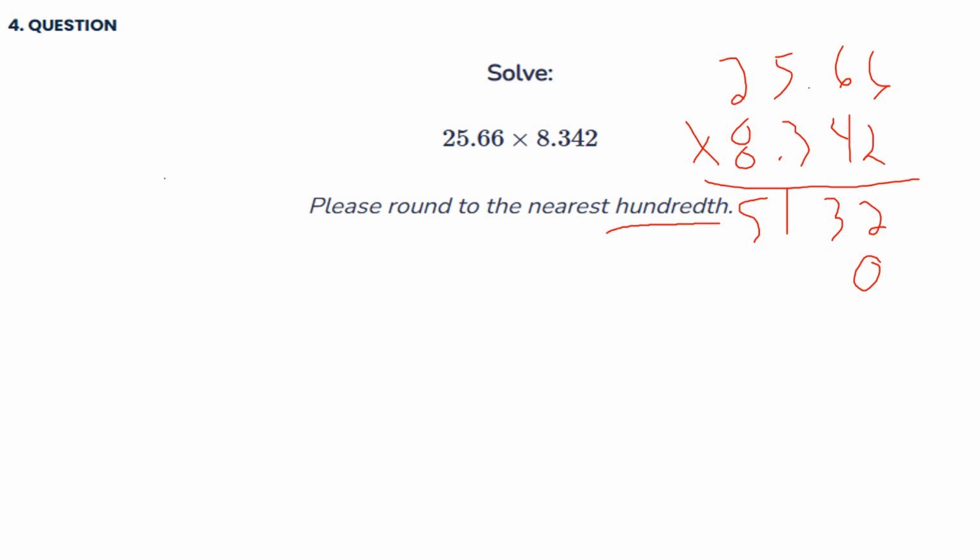So 4 times 6 is 24. We carry the 2. 4 times 6 is 24, plus that 2 that I carried. That gives us 26. And notice it's very important to line these numbers up, because it helps when you have to add the numbers at the end. So that's 26. I carried a 2.